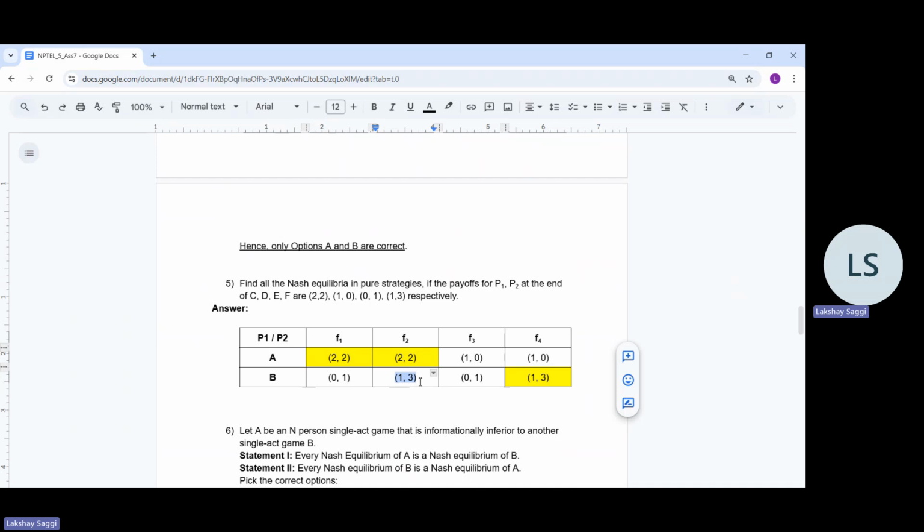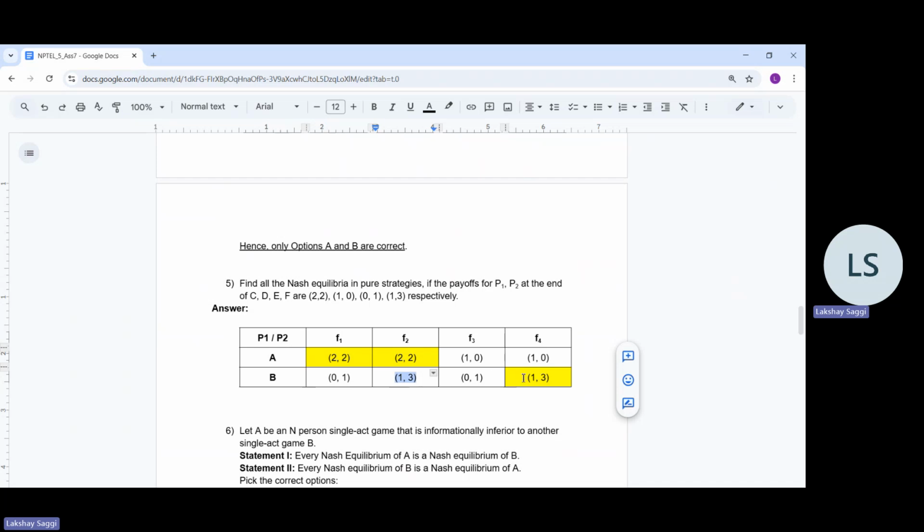There can be two different strategy profiles which give the same payoff for the players, but one strategy profile can be a Nash equilibrium and the other may not be.